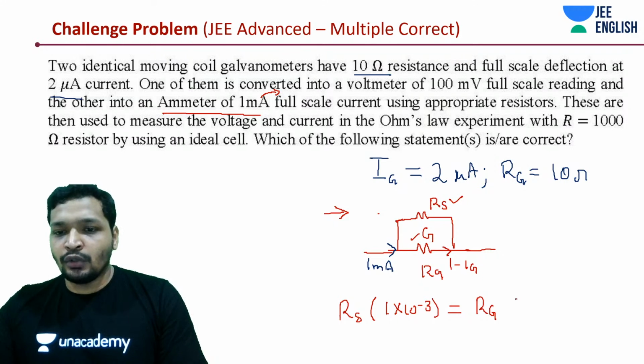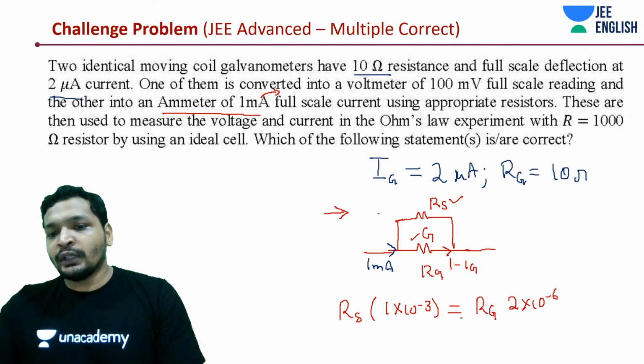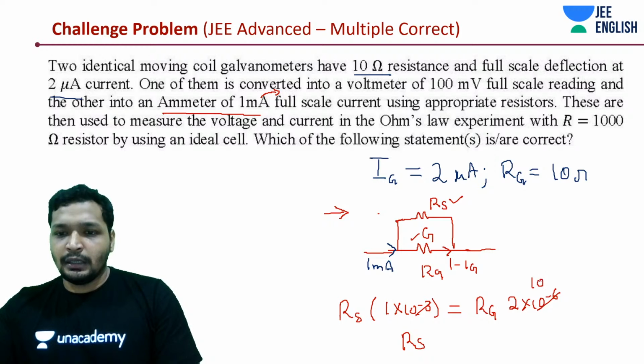That is 2 microampere, 2 into 10 to the power minus 6. Substitute the galvanometer resistance. How much is RS?